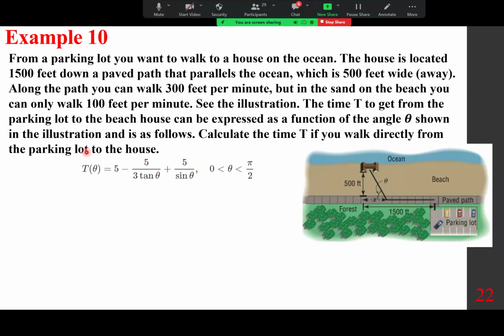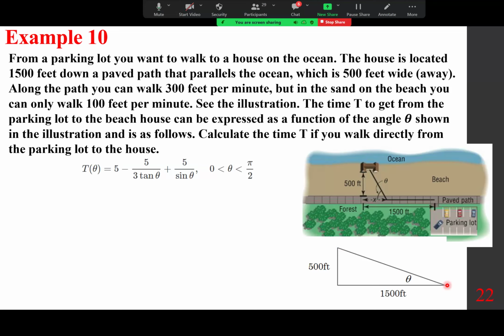So if we go directly, it looks like this. This distance doesn't change, it's 500 feet. This distance doesn't change, it's still 1,500 feet. But we are going directly, making this type of angle, theta. And so we can figure out everything else.